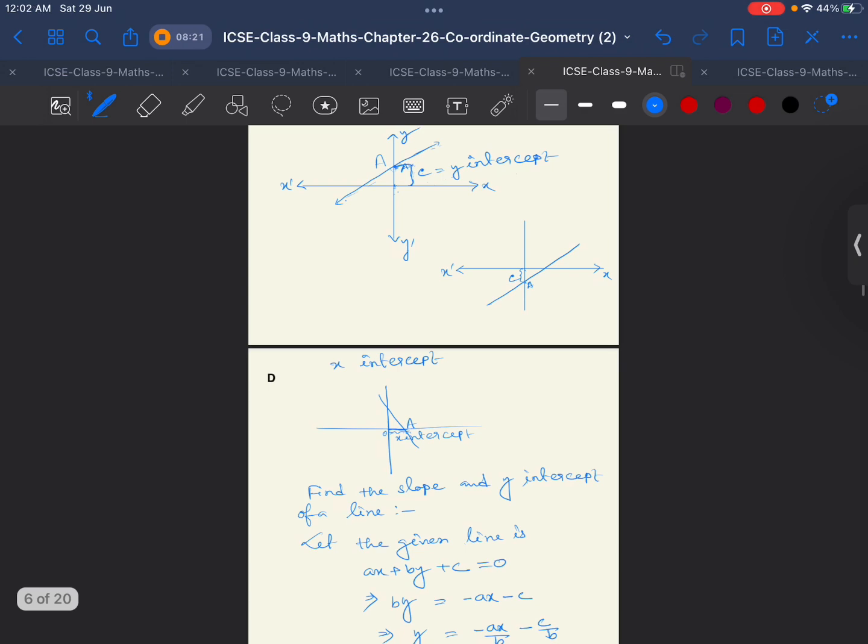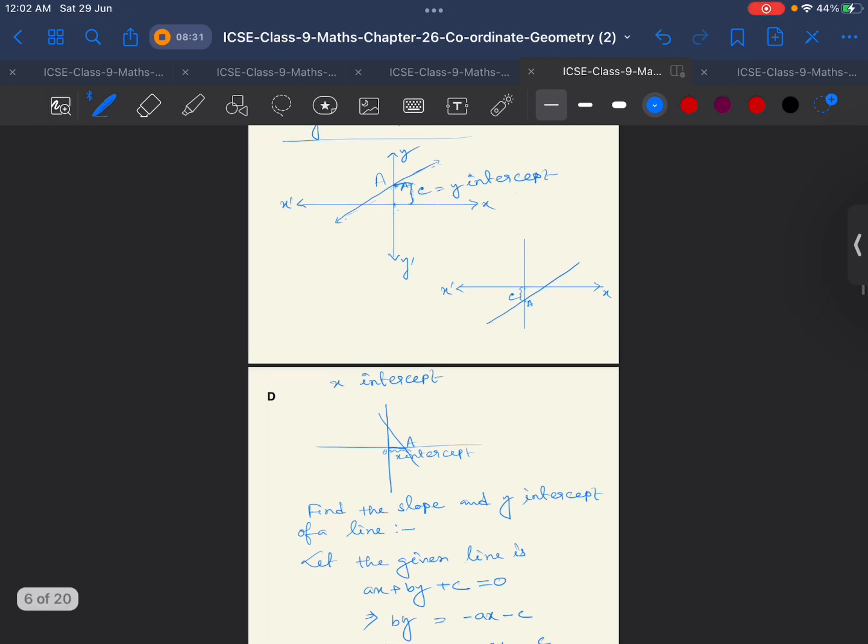Now this is the positive direction. Here above the origin, the y-intercept is always positive. This is the origin and this is above the origin. So if we measure above the origin, then y-intercept is always positive.